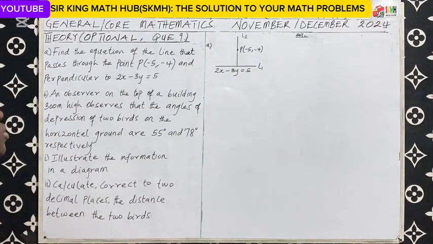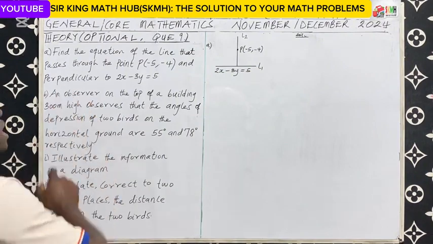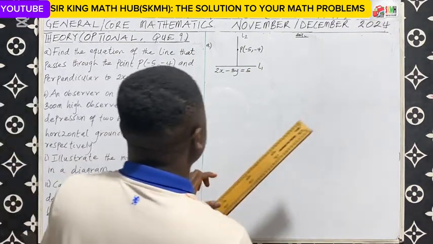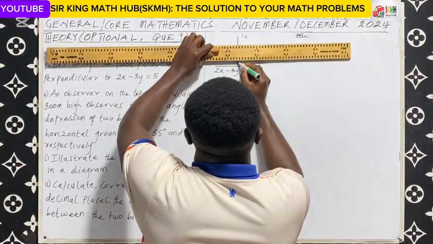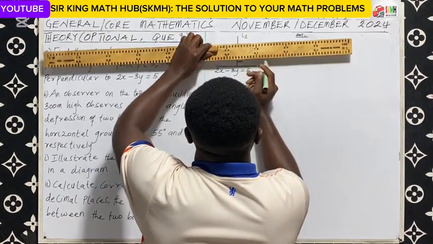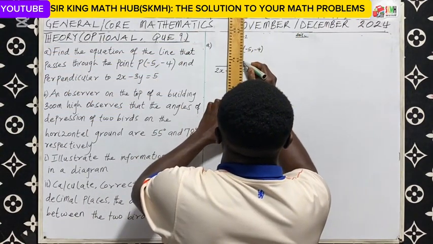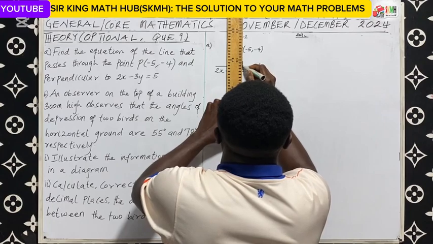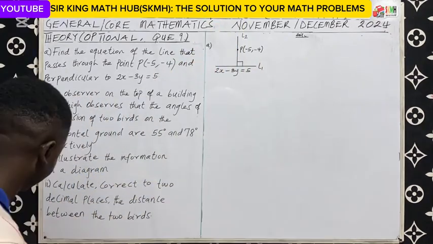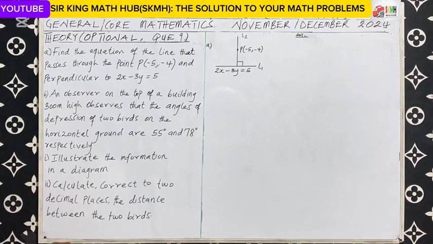What is the relationship between line 1 and line 2? They are perpendicular to each other. So line 1 is perpendicular to line 2. Now, which line are we finding the equation of?